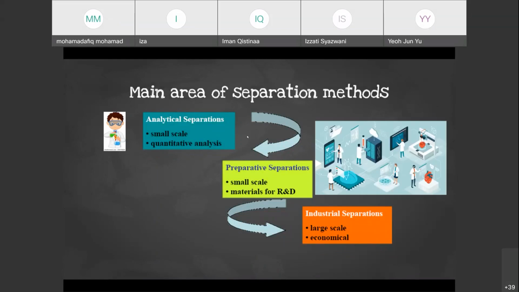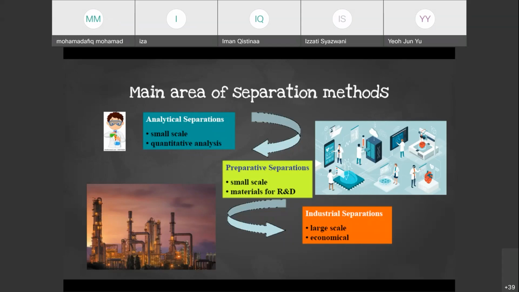And then we have the preparative separation, small scale, and material for R&D, just for research and development. And then the third one is the industrial separation scale, which is the largest scale of all, and it's an economical one. That's it for the main areas of separation. It's easy, right? Any questions so far? None.